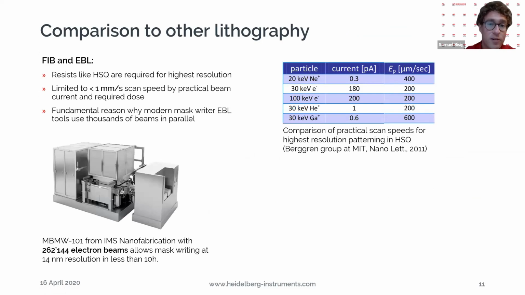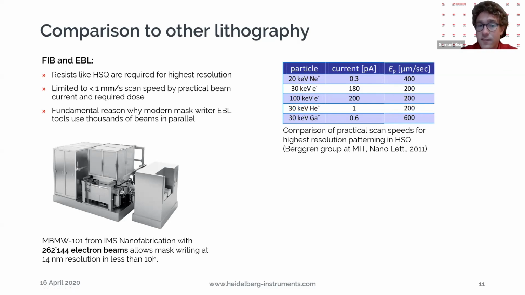If we compare this patterning technique to other beam technologies like FIB or EBL, you can see that they are limited by the beam current needed to induce the change in these highly sensitive resist materials. We need a certain dose, and a practical range to operate these beam technologies is below 1 millimeter per second scan speeds.